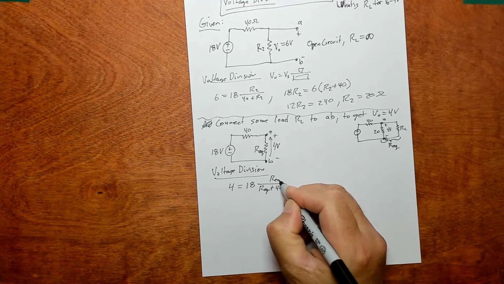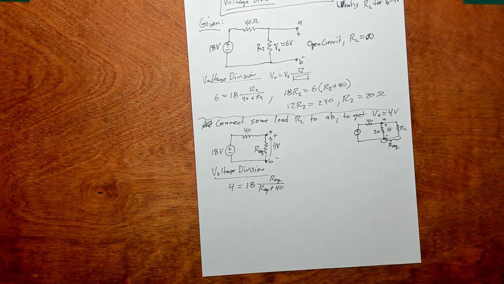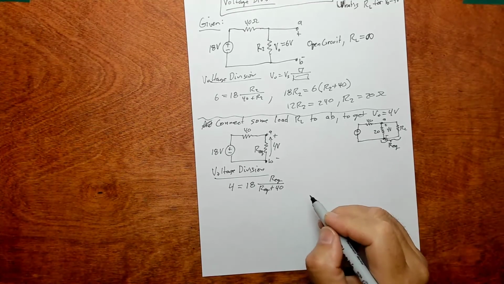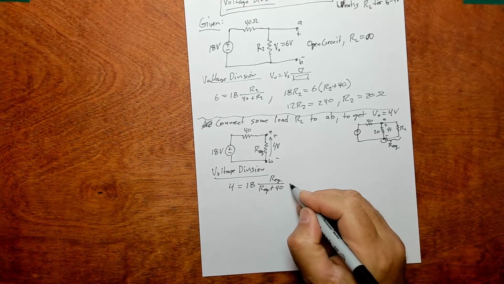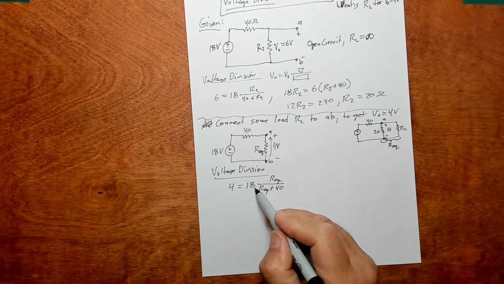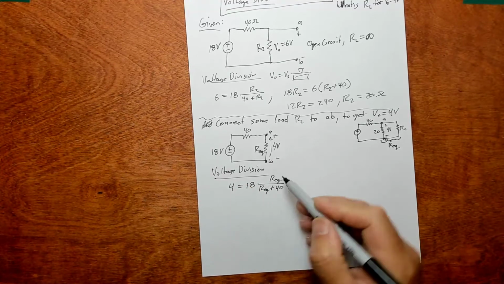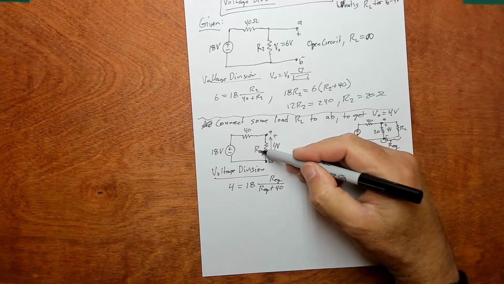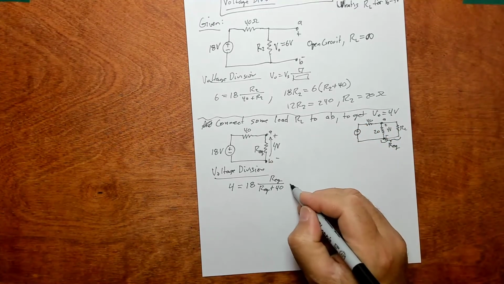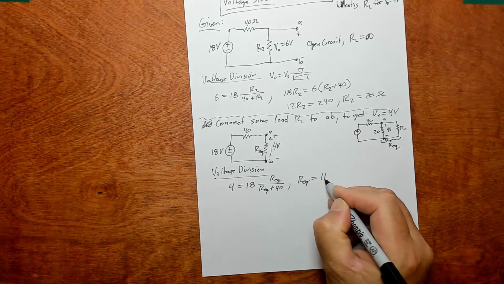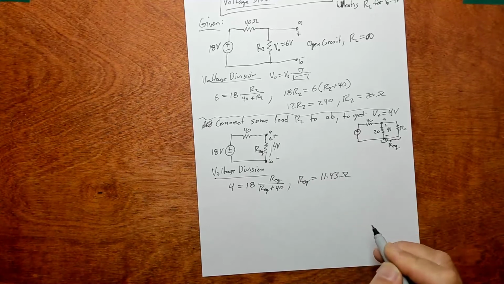I think I said it backwards before, but this is right, because we're dividing 18 volts by this ratio of resistors, and it's the sum of the resistors on the bottom, and then the adjacent resistor on the numerator. So you could do some algebra steps, but you're going to end up with R equivalent is 11.43 ohms.